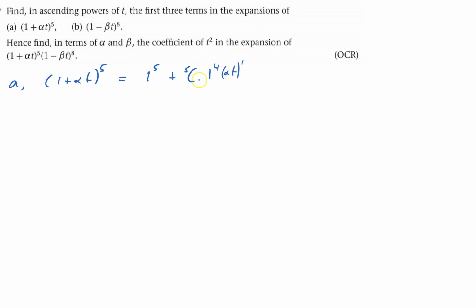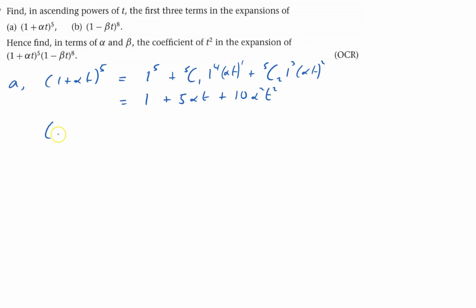There'll be 5C1 ways of choosing that, and then 5C2 1 to the power 3 alpha t squared, which is 1 plus 5 times 1 times alpha t plus 5C2 is 10. So that'll be 10 times 1 times alpha squared t squared. That's done the first one.